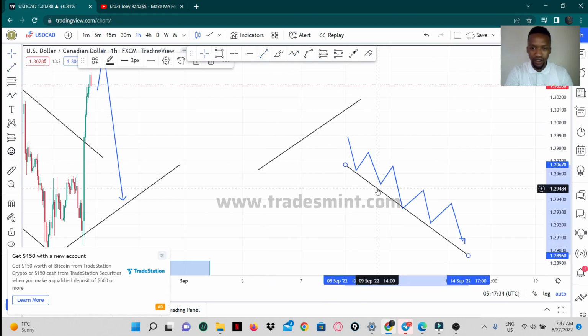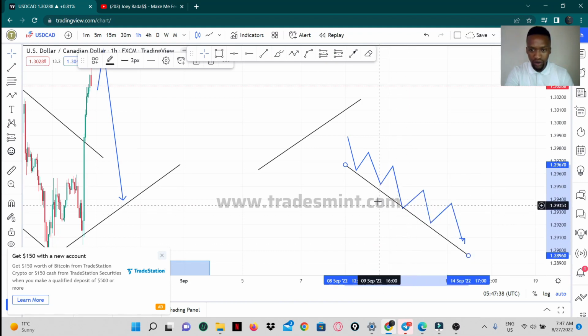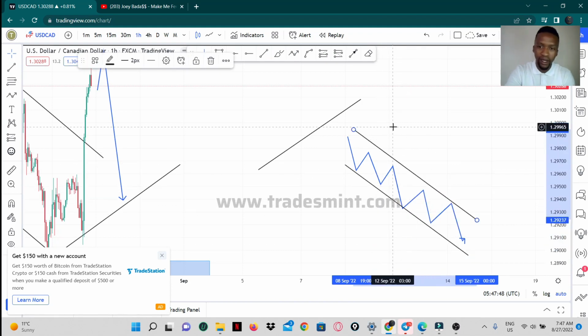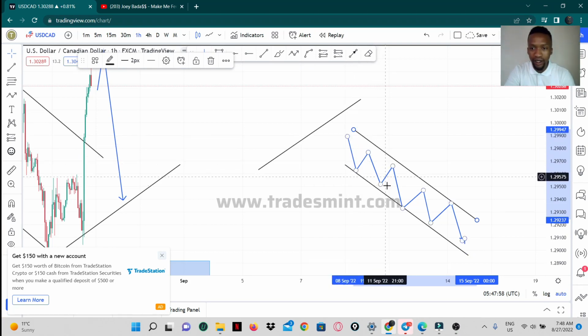And just to give this a twin sister, I'm going to put it like so. This is what we mean by higher highs and higher lows, and lower lows and lower highs. This would be our lower high, lower low, lower high, lower low, lower high, lower low, and so on.